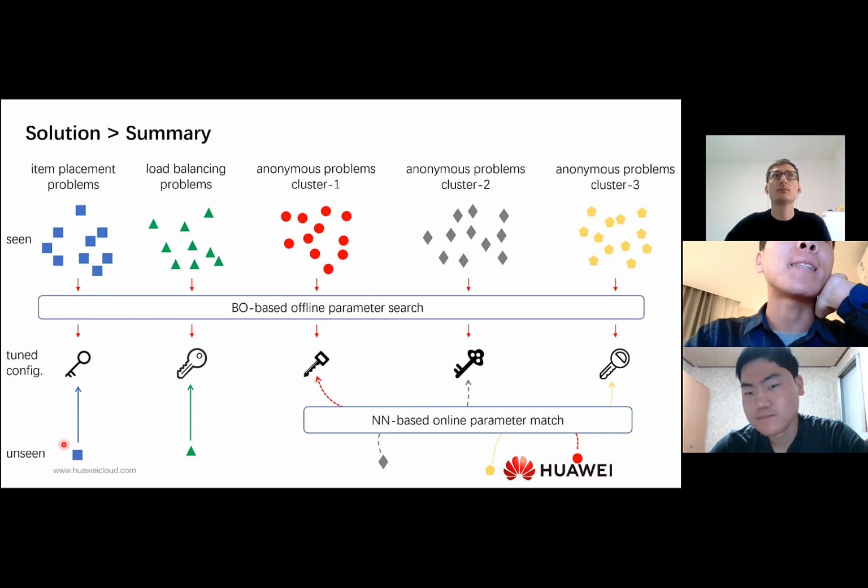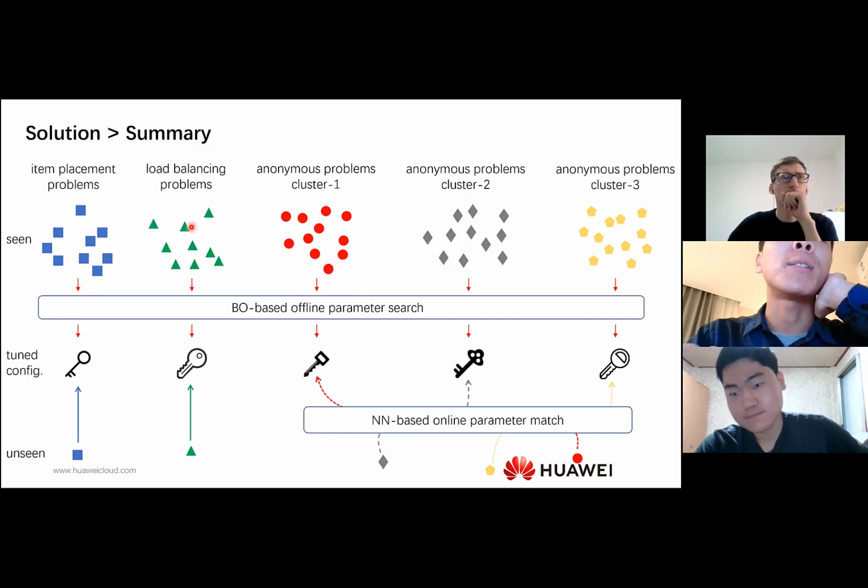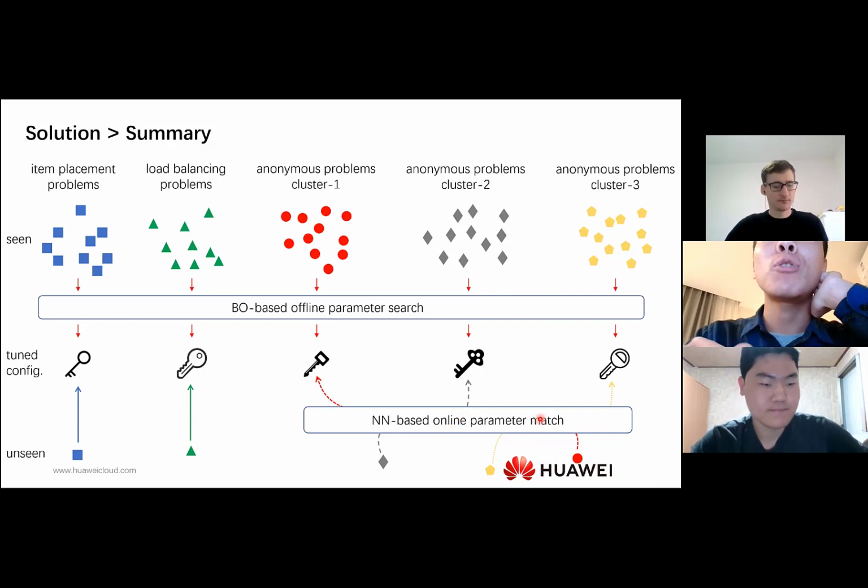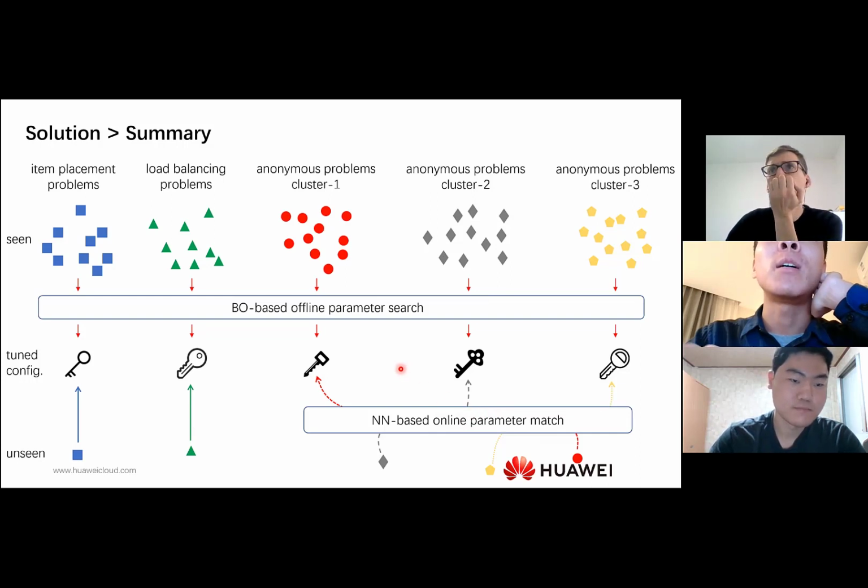For the online instances of item placement problems and load balancing problems, we directly recommend the tuned configurations. But for the online instances in the anonymous problem set, we first use the categorization model to determine their categories, and then recommend the corresponding tuned parameter configurations.